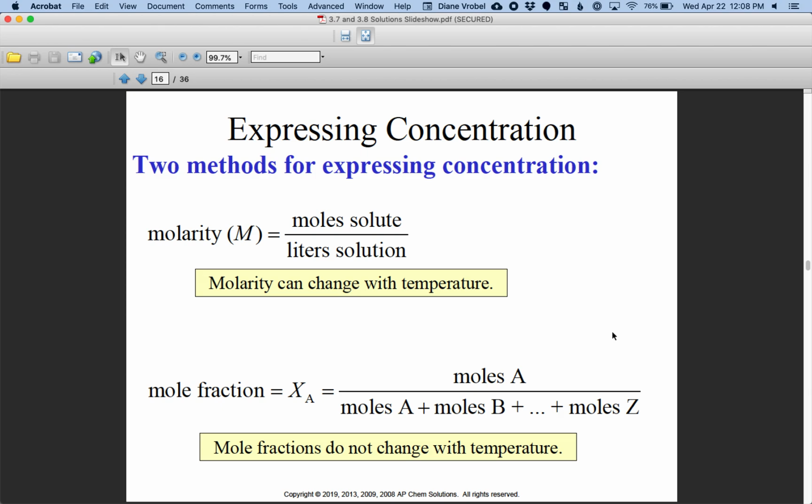Okay, this should be review. We've talked about molarity way back when, and you should know that it's moles of solute over liters of solution. So obviously, if they give you mass, the first thing you want to do is convert it into moles. And if you're given milliliters, you want to change it into liters.